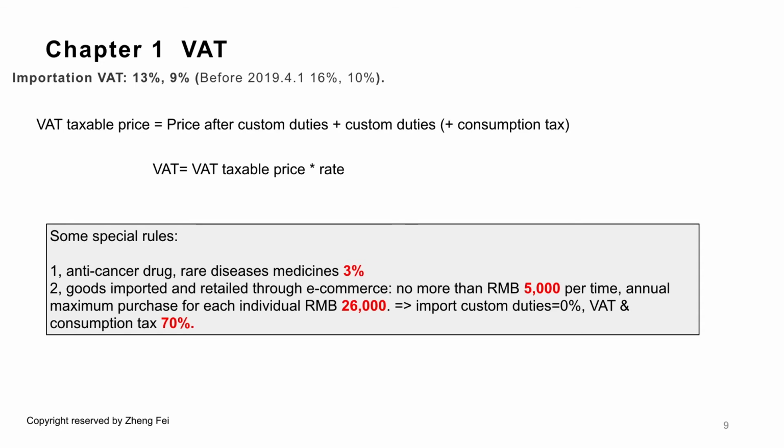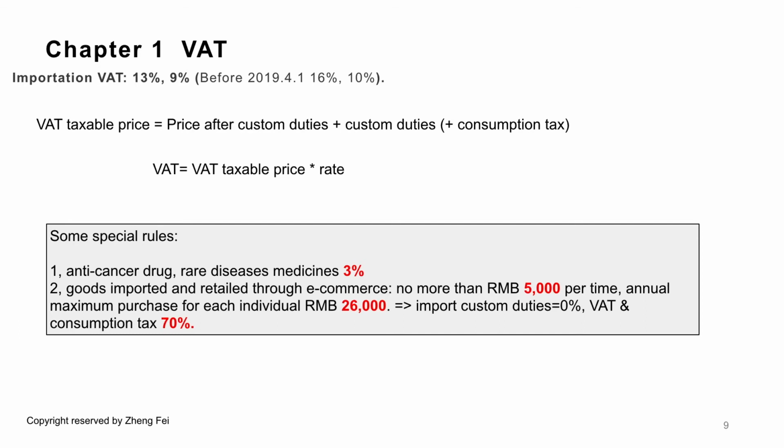The VAT taxable price equals price after custom duties plus custom duties, and sometimes for some specific goods plus consumption tax, which we will talk about in detail later as well. And VAT equals the VAT taxable price multiplied by rate.